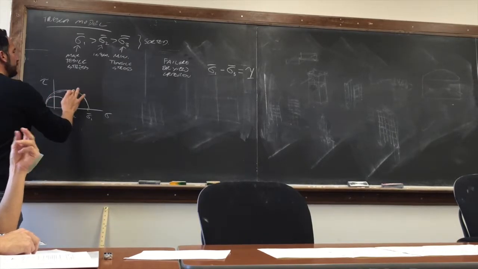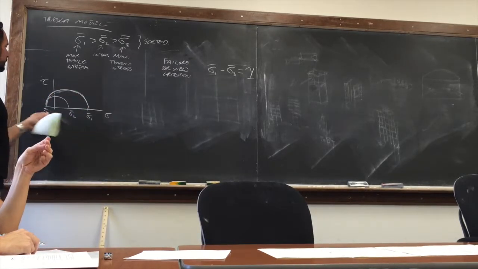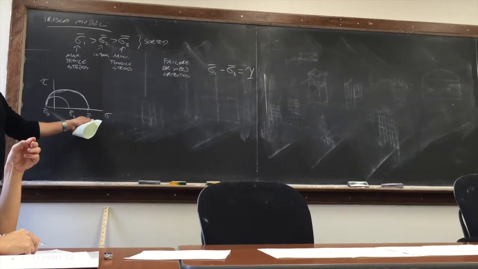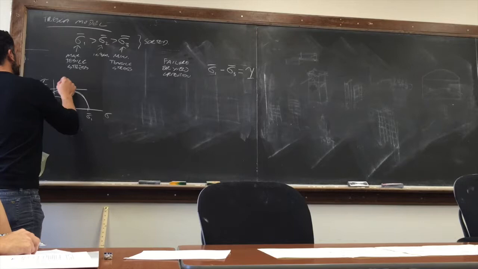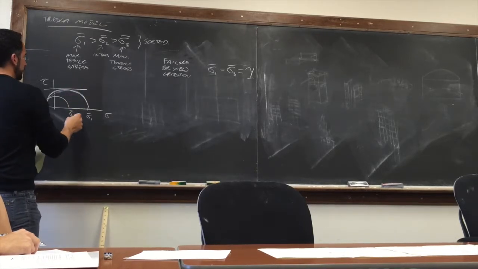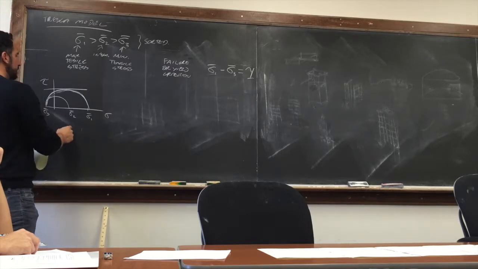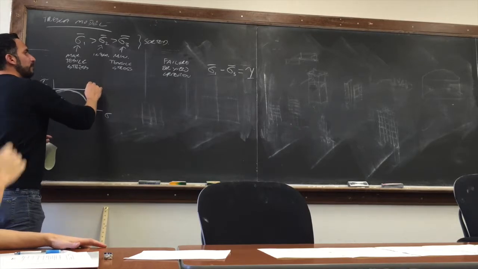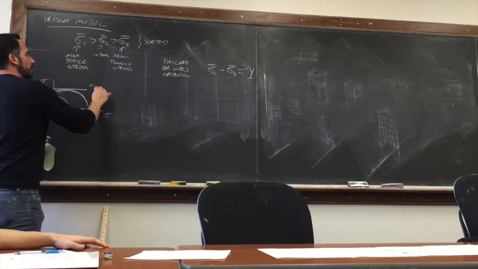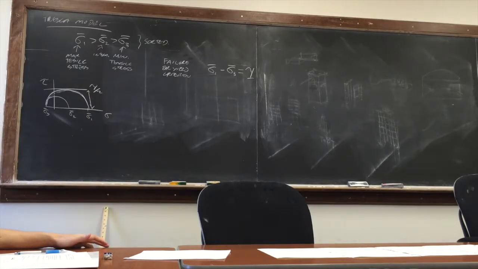So what this failure criterion is saying, and many others, is that this difference is the one that matters. And when you get to a certain value, in this case, the value of the diameter, right, which in this case would be half of this radius, right? So this would be Y over 2, this height, right? That's the radius. Failure is achieved.